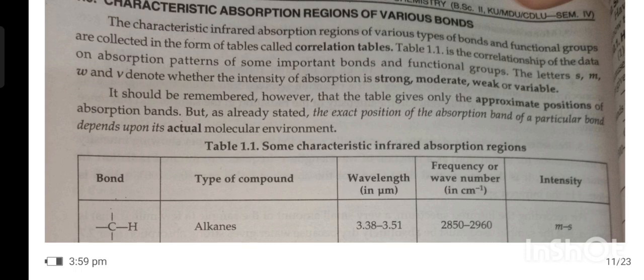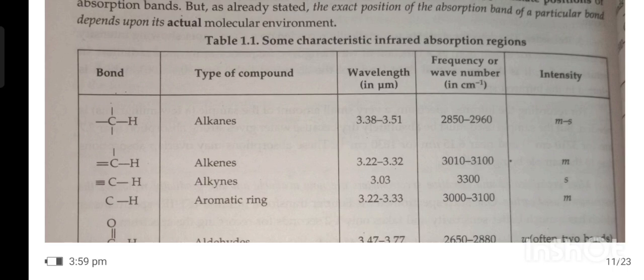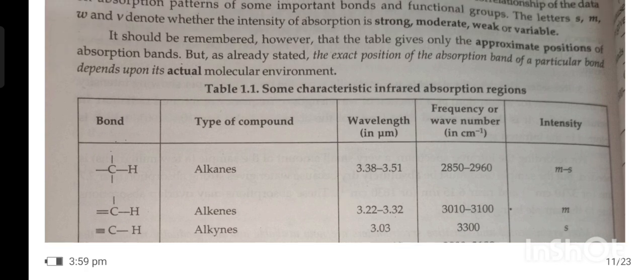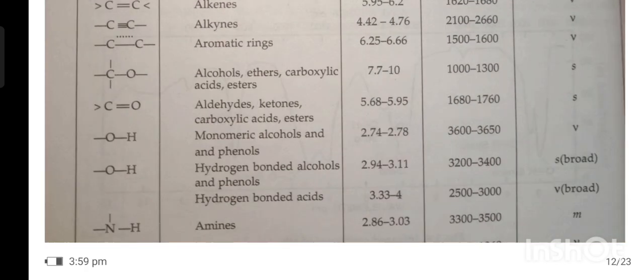But as already stated, the exact position of the absorption band of a particular bond depends upon actual environment, molecular environment. Some characteristic infrared absorption regions: CH bond, type of compound alkane, gives wavelength 3.3 to 3.51 micrometer, frequency or wave number 2850 to 2960 cm⁻¹, intensity medium to strong, and so on.